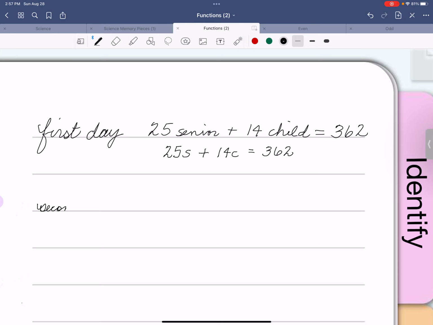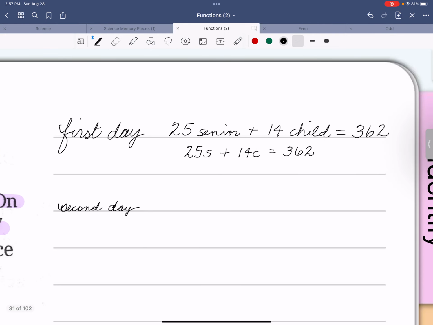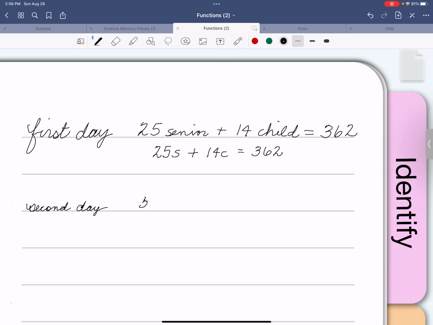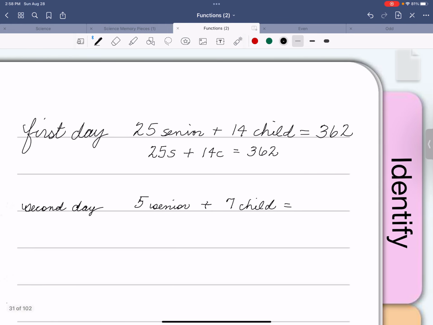Now on the second day, they sold 5 senior and 7 child. So 5 senior plus 7 child. And they made how much? $106.